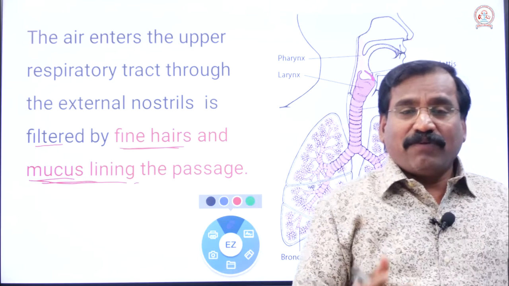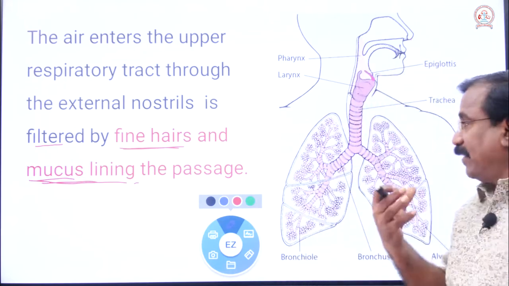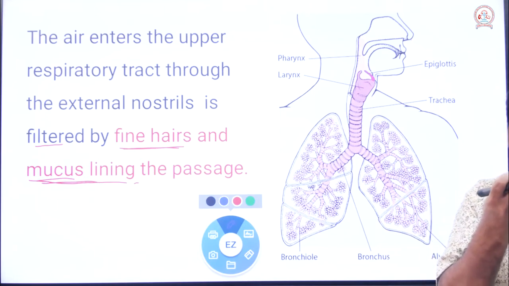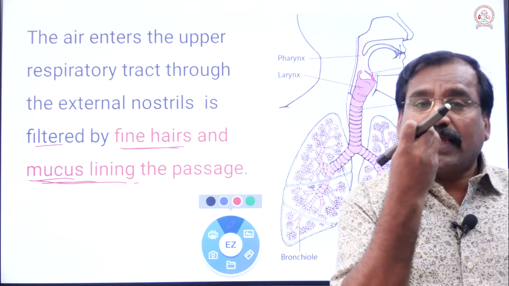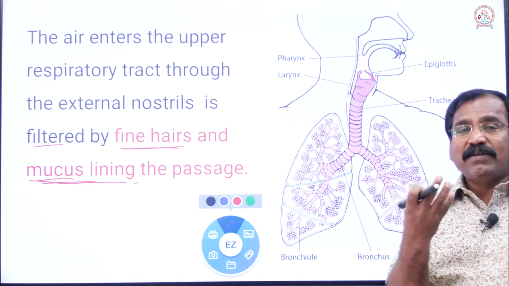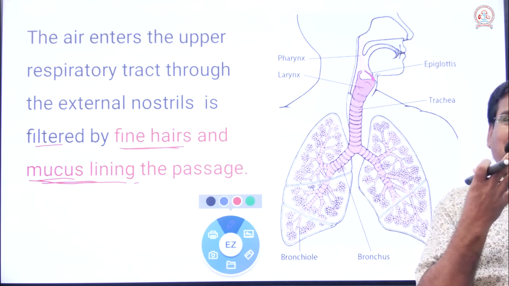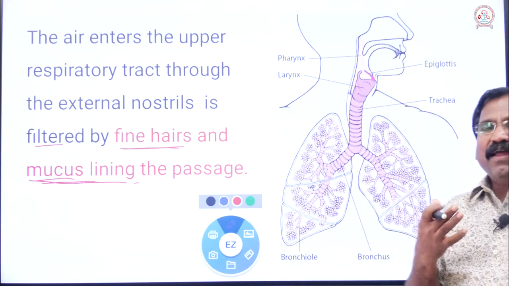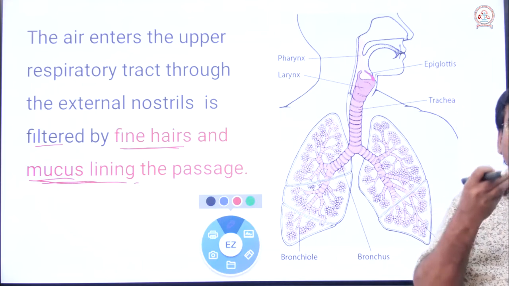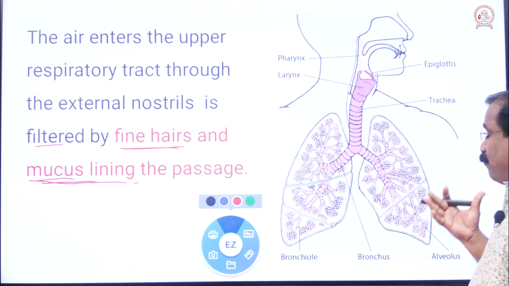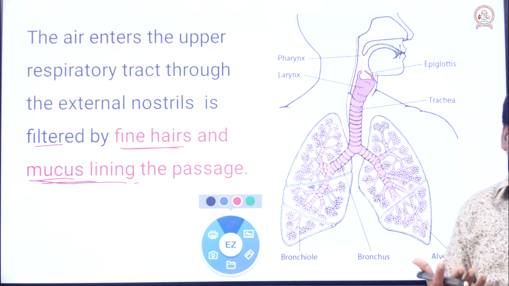See, when the air goes into the respiratory zone, the air is first conditioned and filtered, so that pure air, without any dust particles, pollutants or pathogens, and at the correct appropriate temperature, goes inside the alveoli.